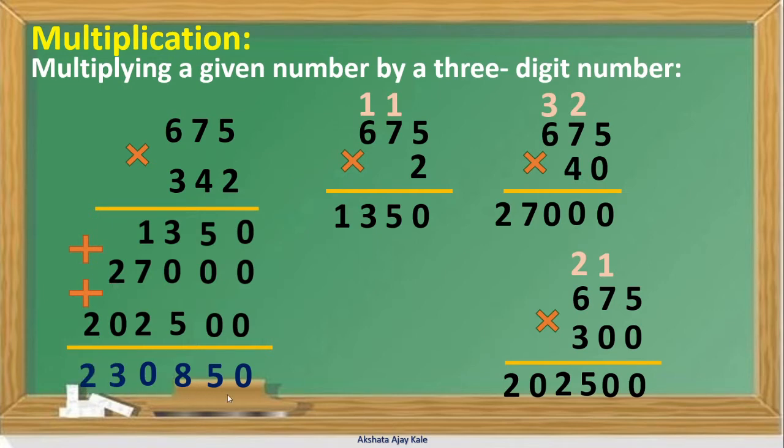So this is our answer. 2,30,850 is the answer for this sum. Got this, children? We will try 2 more.